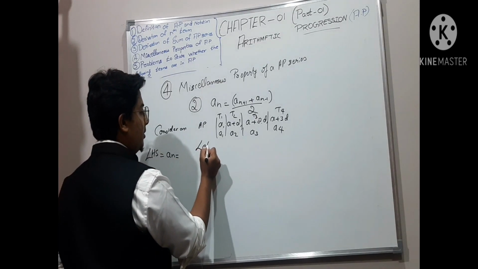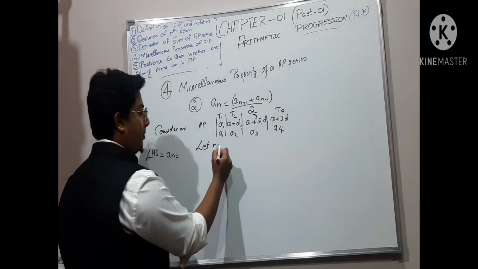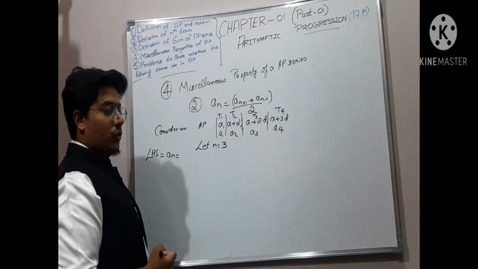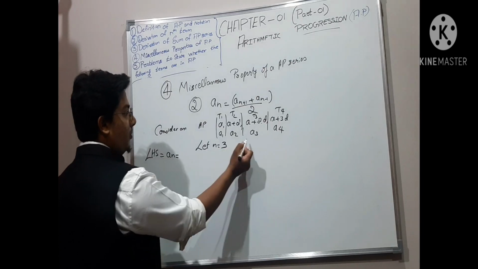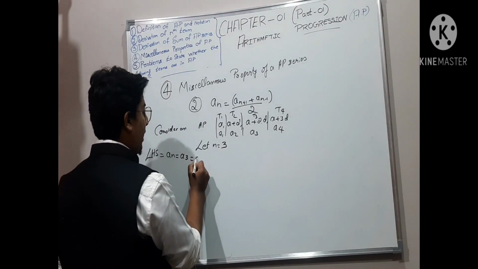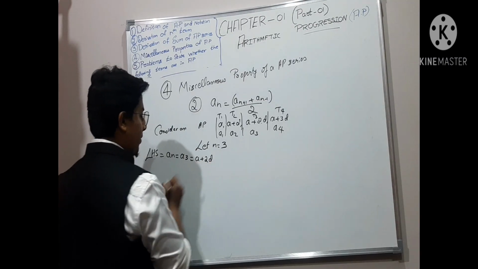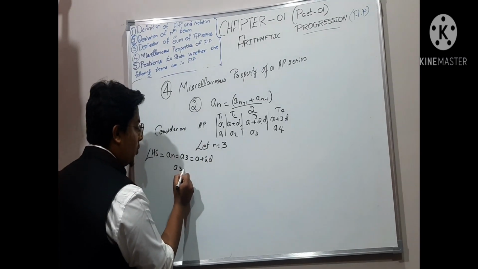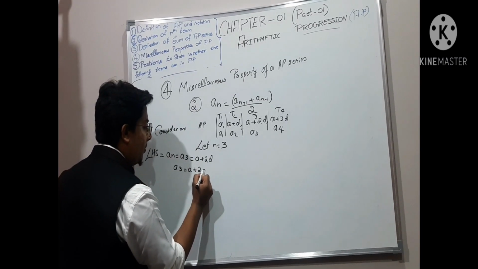Let n is equal to 3. If n is equal to 3, we have a_n is equal to a3, which is a plus 2d.